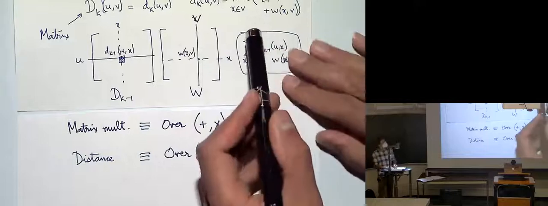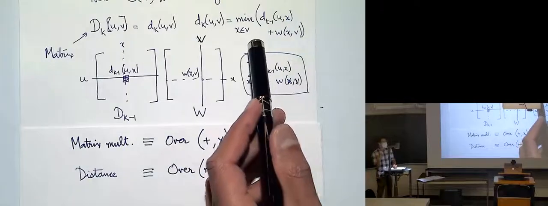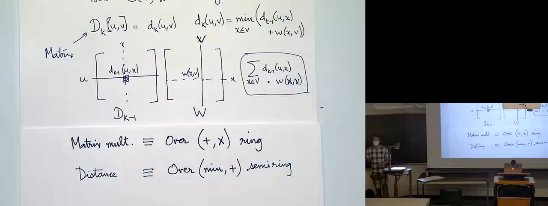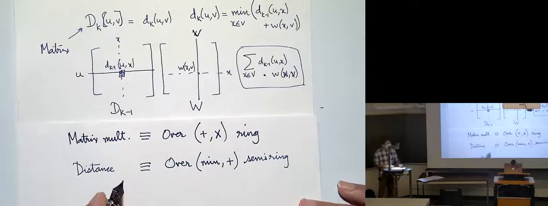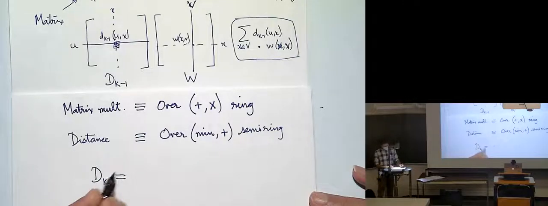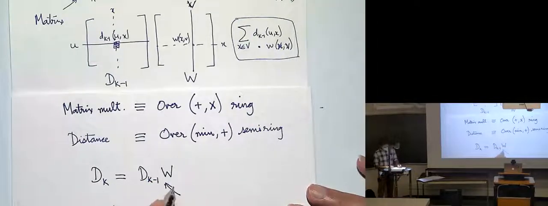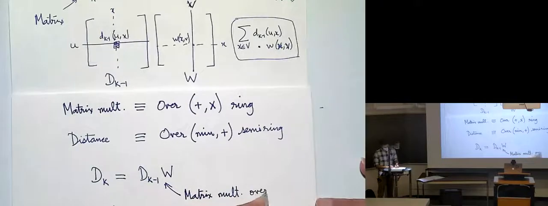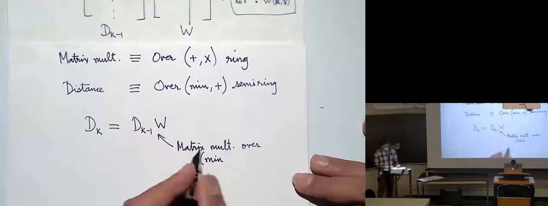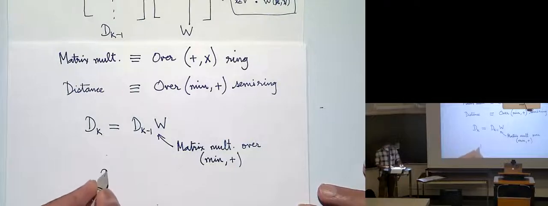So when you observe that the operation being done by the recurrence is essentially some strange form of matrix multiplication, we can say that d_k is equal to d_{k-1} times w, where you're doing matrix multiplication over min plus. And d_1 was just w.